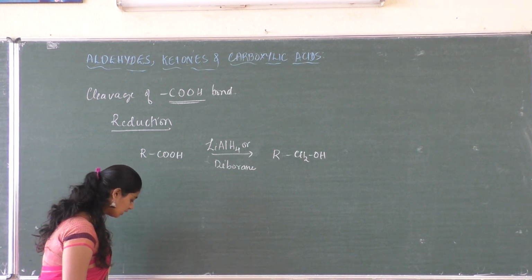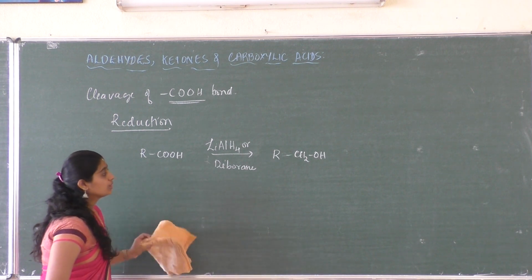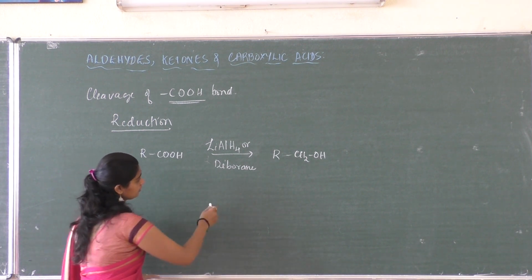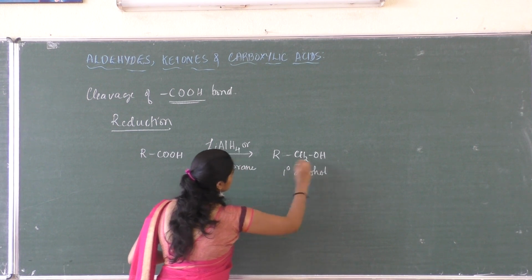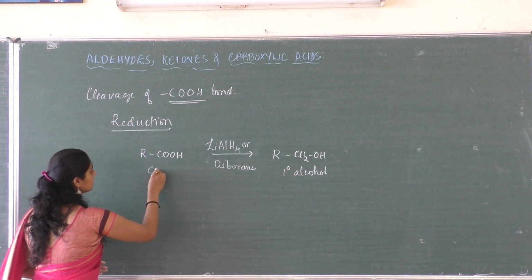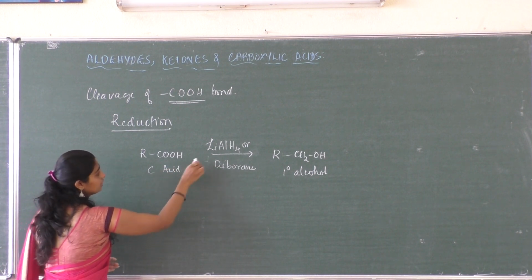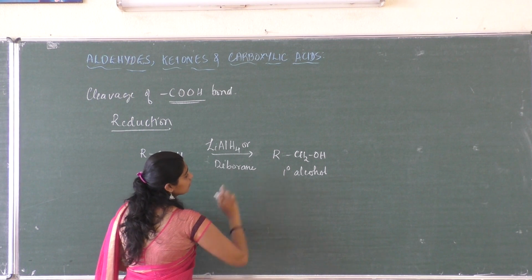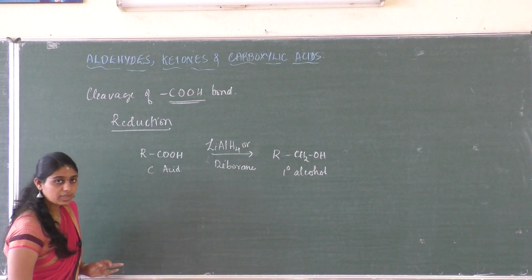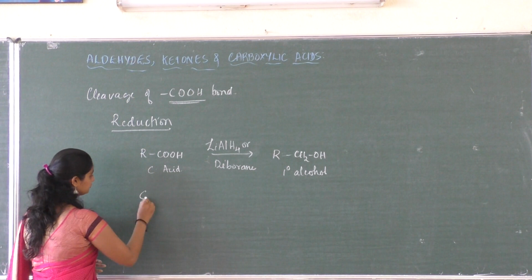So during reduction, whatever alcohol we get will be a primary alcohol. So from the carboxylic acid, by reduction with lithium aluminum hydride or else diborane, the alcohol that we are going to get is a primary alcohol. Let us see that.